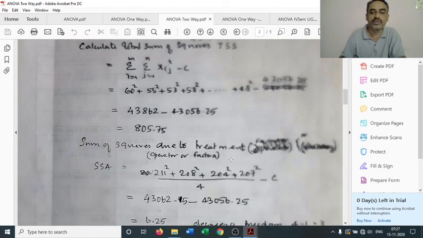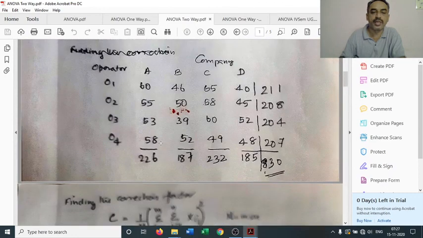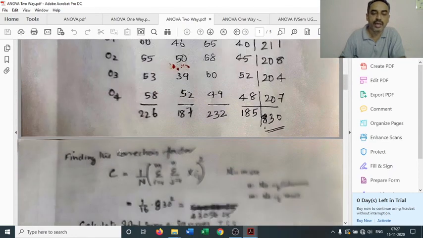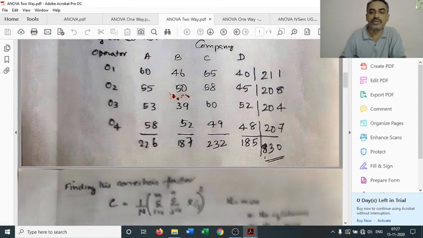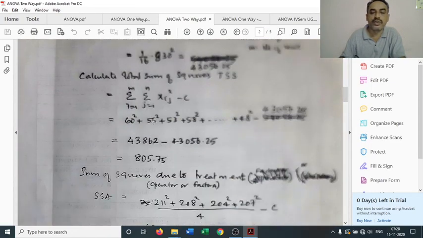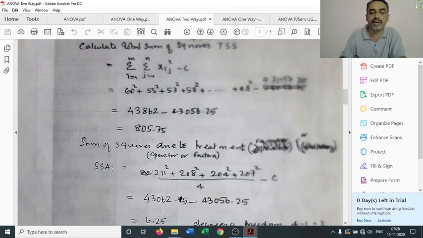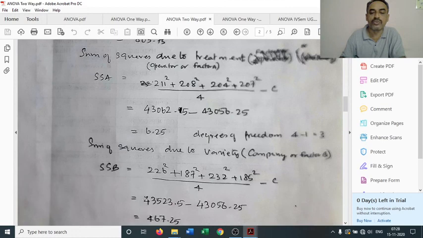Next is the sum of squares due to treatments. Treatments is taken here as the operator effect, and therefore it is the row totals 211, 208, 204, 207, squared and divided by 4, since all rows have the same number of values, minus C, giving 6.25. Degrees of freedom will be 4 minus 1, that is 3.